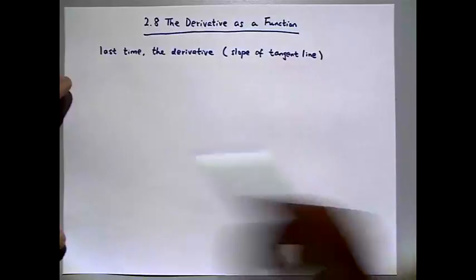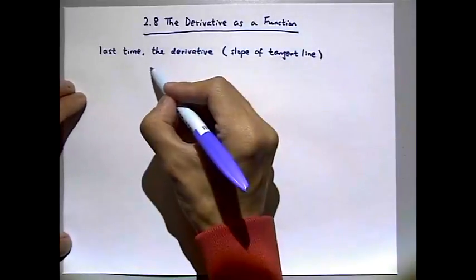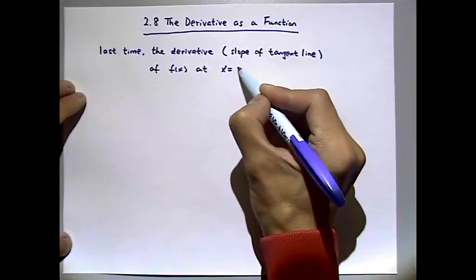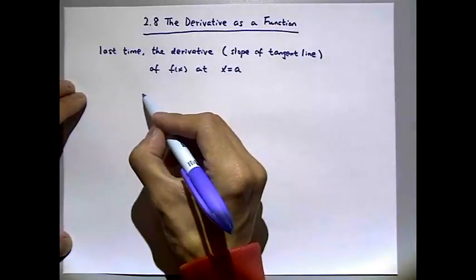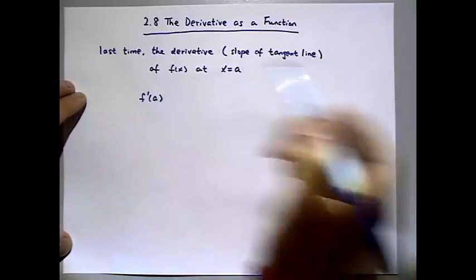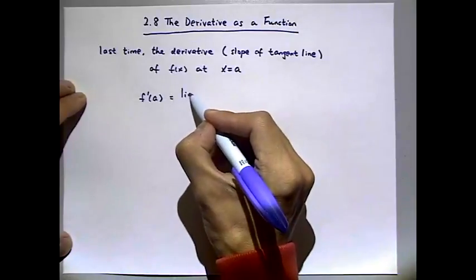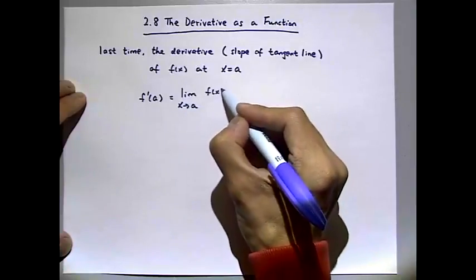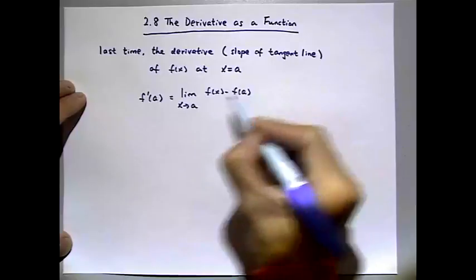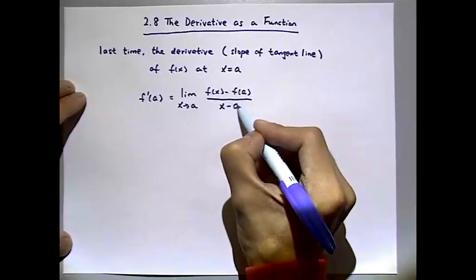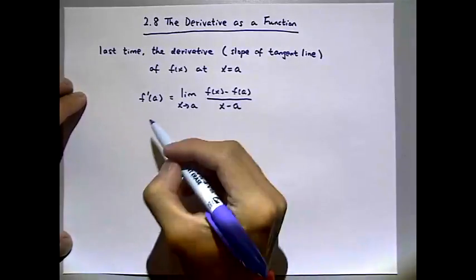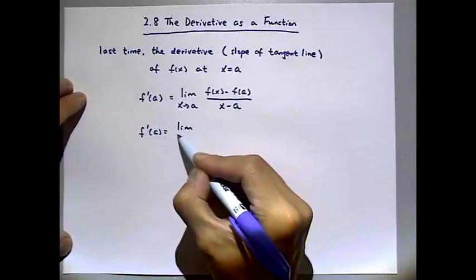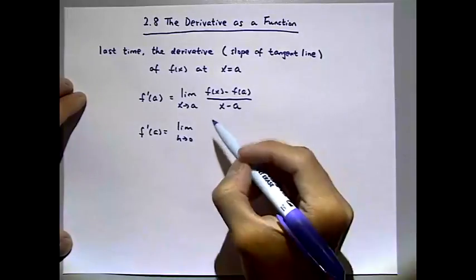And last time we found out that the derivative of the function f of x at x equal to a can be expressed in two ways. This was the first form that we looked at. And the second form that we looked at, remember, they're identical things, just different ways to express that same quantity.